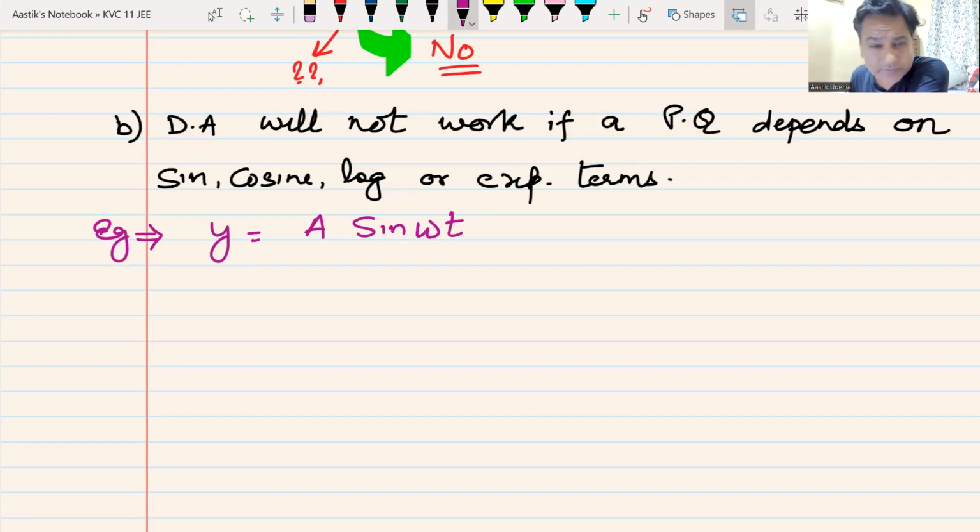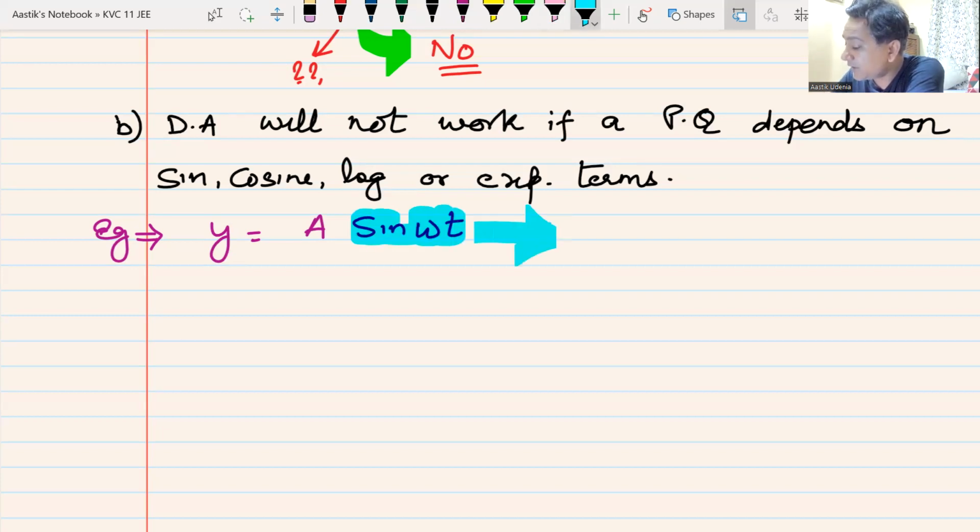We cannot derive it using dimensional analysis because it has this term sine omega t, and sine omega t is a number, and we cannot use dimensional analysis to find out the value of this number. Do we understand this?